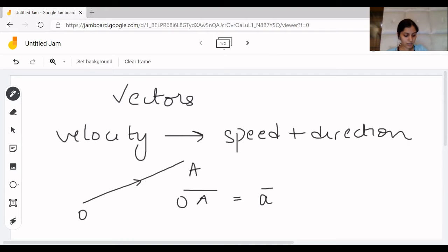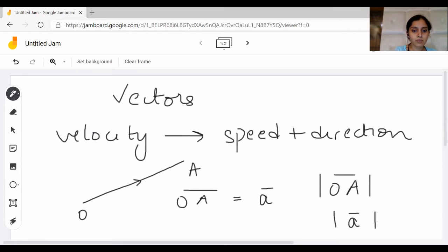That is OA bar. Now, what is the magnitude of a vector? It is represented as OA bar under the mod sign. This is the modulus sign, and this is the magnitude of a vector. It can also be given as modulus of small a bar.